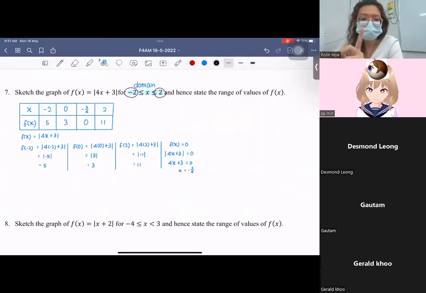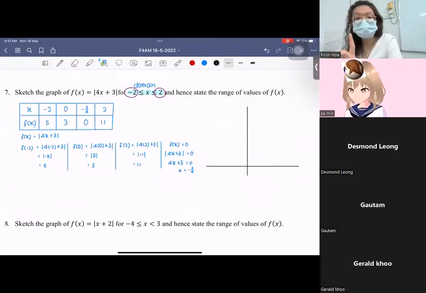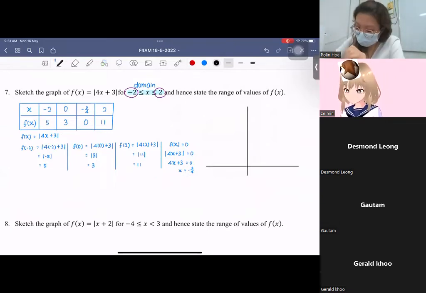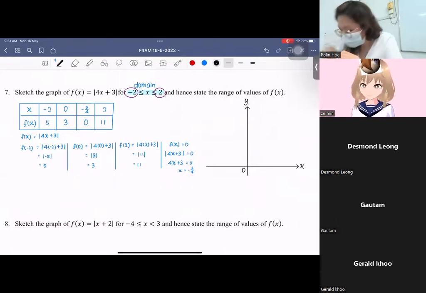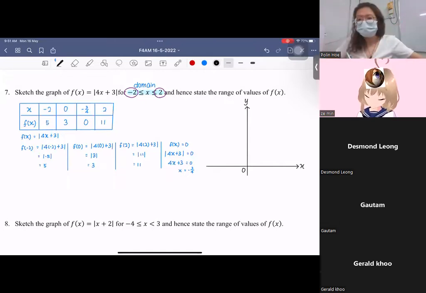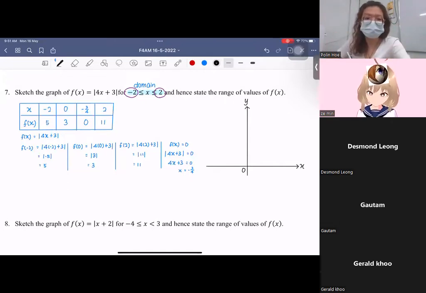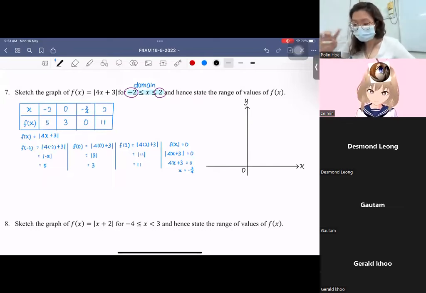The first thing that you do is, when you draw out the axis, always remember to write y, x, and origin. After that, for your x-axis, you settle -2 and 2 first.